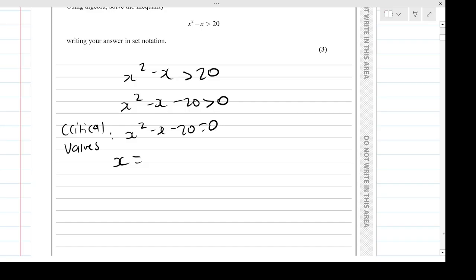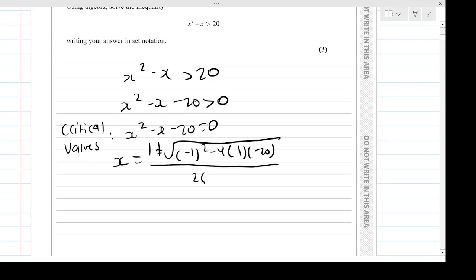And honestly, in the exam situation, don't bog down about whether to factorize or whatever, it doesn't matter. What I like to do is just write down the formula very quickly. So the quadratic formula is 1 plus or minus the root of minus 1 all squared, take away 4 lots of 1 and minus 20, over 2 lots of 1.